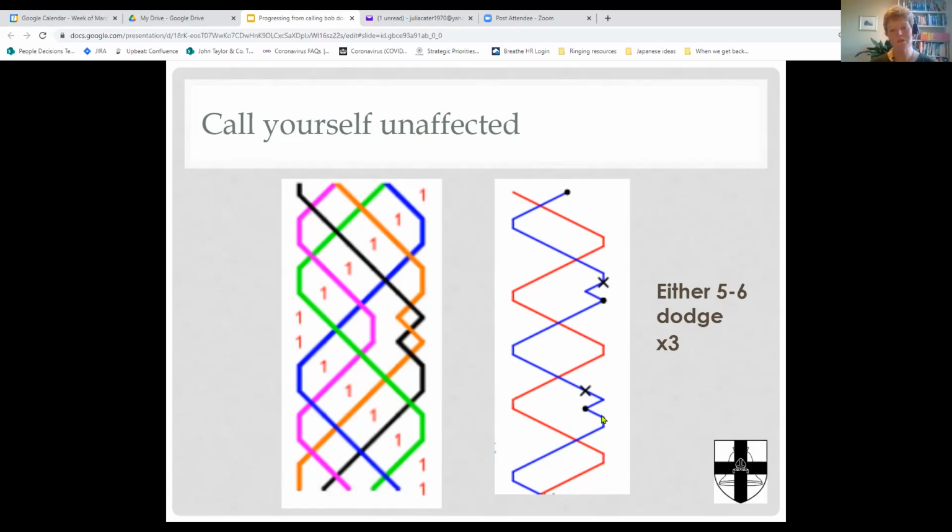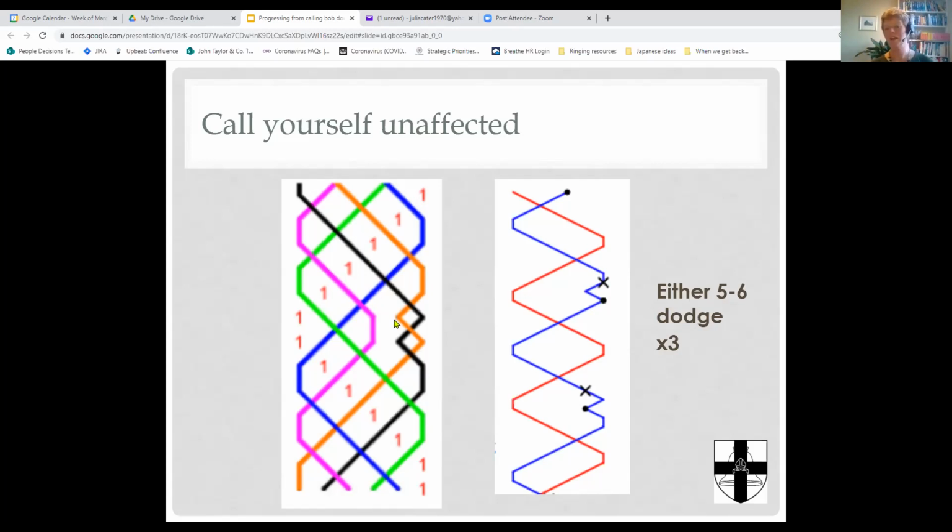So you can call yourself unaffected in exactly the same way, using the same principles as calling yourself unaffected in Bob Doubles. And you'd need to put the bob in 3 times, because, as we learned here, there are 3 bells affected, so you need to rotate them around 3 times for them to get back to their home position.